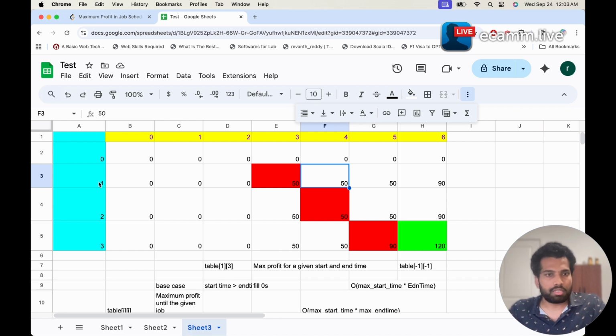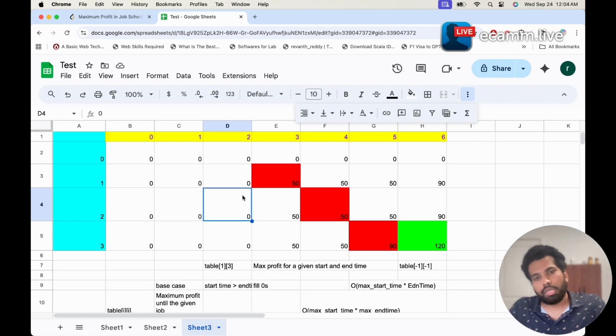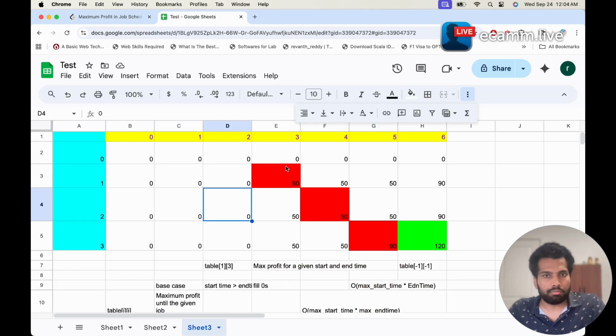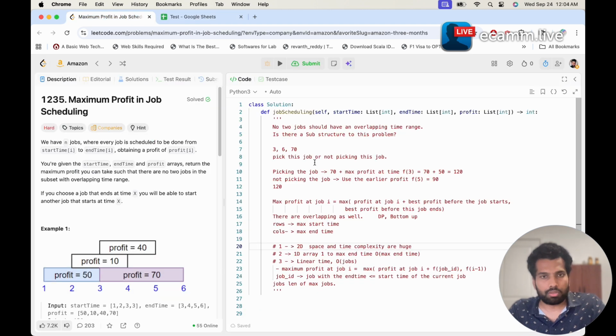So you can just come here and update the value here, and you have to update the other cells as well. So I think this would be a better solution for those scenarios, not for this problem. I think this would be really overkill. And as we have already discussed, the space complexity and time complexity are also huge for this approach.